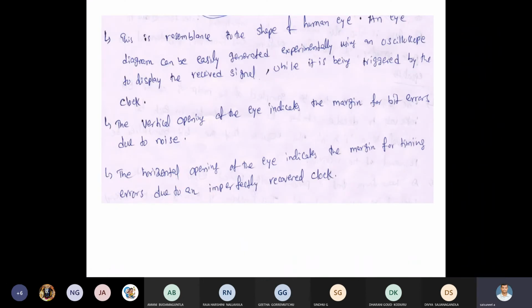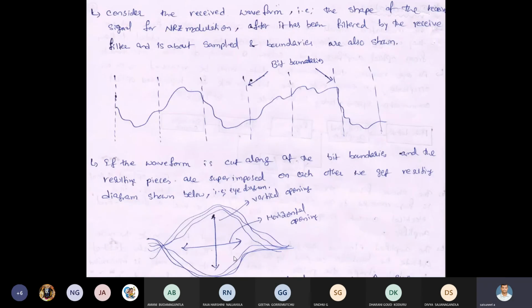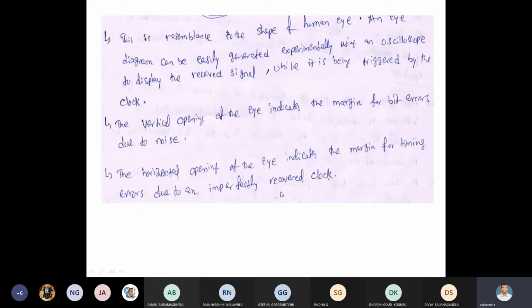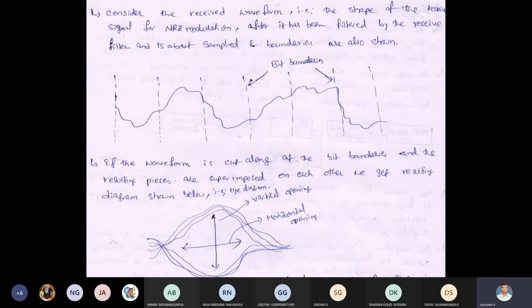Right. What is meant by the vertical opening of the eye, and what is meant by the horizontal opening of the eye? The vertical opening of the eye shows whether any bit is in error or not, a simple calculation. Similarly, the horizontal opening of the eye indicates whether there are any timing recovery problems.